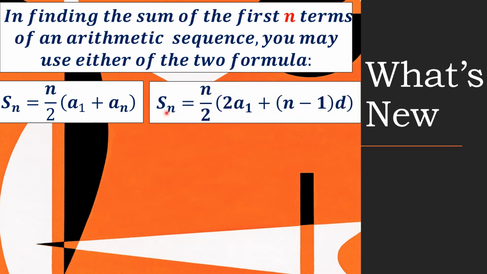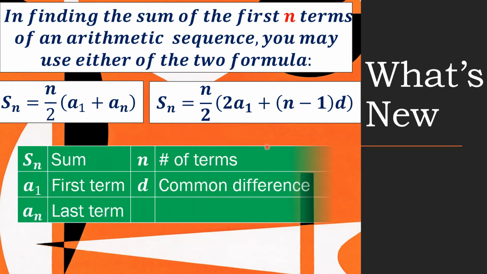But if a sub n is not given, we need to use this formula. S sub n is equal to n over 2 multiplied by twice a sub 1 plus n minus 1 times d, wherein S sub n is the sum of the terms, a sub 1 is the first term, a sub n is the last term, n is the number of terms, and d is the common difference.